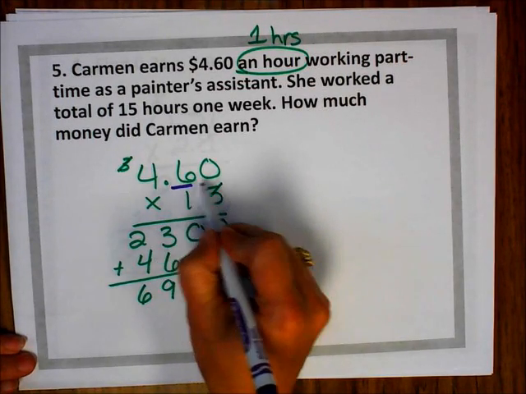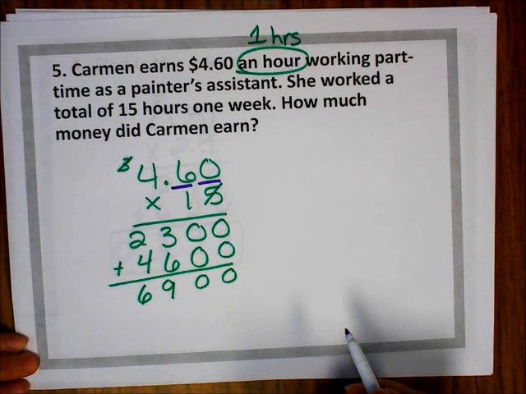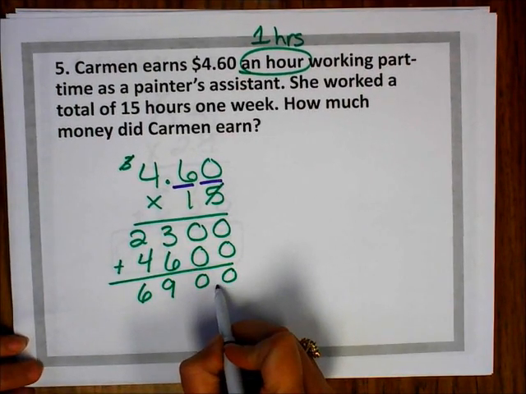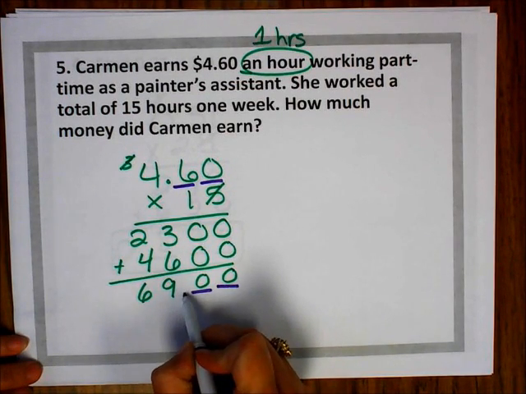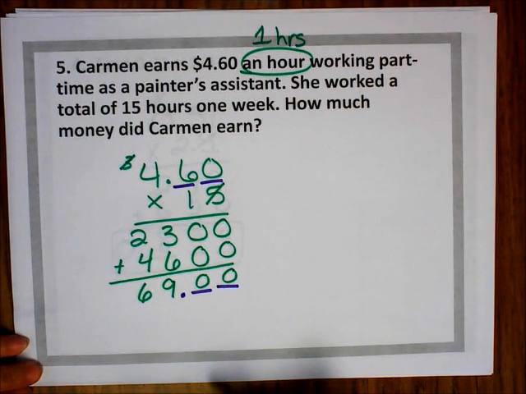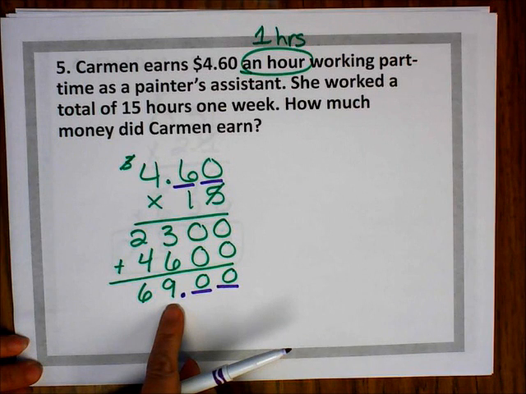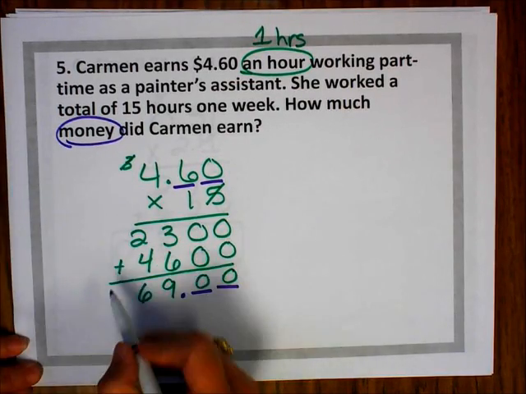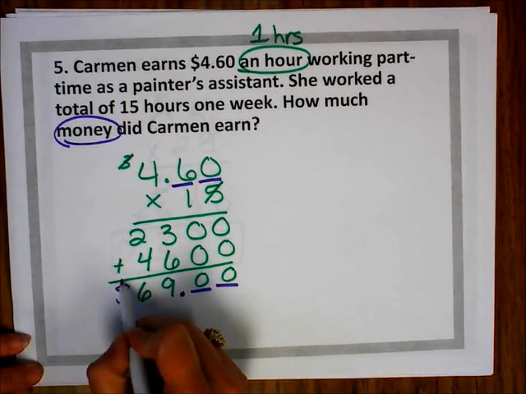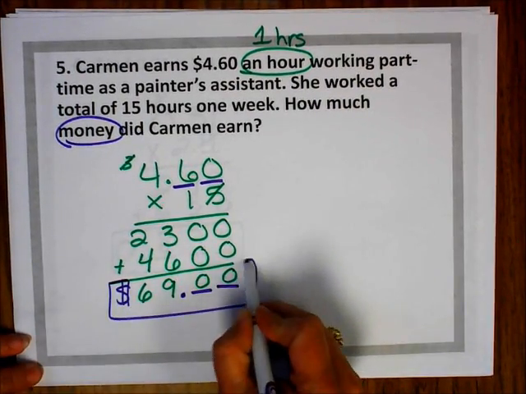So notice I have 2 numbers behind the decimal in the problem. So I have to have 2 numbers behind in my answer. So my answer is 69. It is a word problem, so make sure you labeled. It wants to know how much money she earned. So she earned $69.